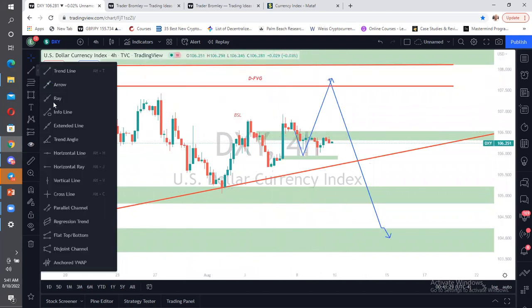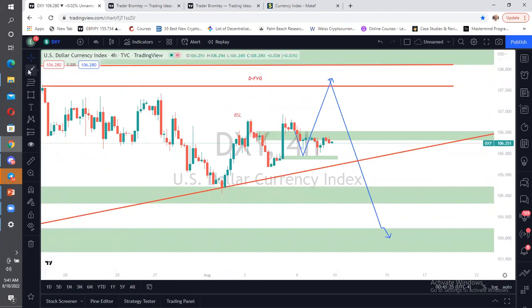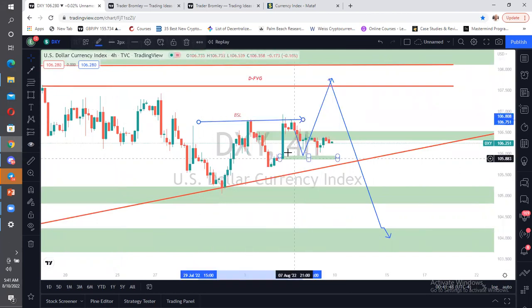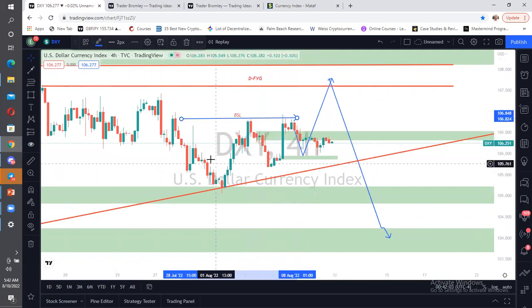We'll have liquidities resting above here, which is the buy side liquidity, and the market came up from here, broke a structure, came back here, then to the upside, and also here we'll have liquidity resting.